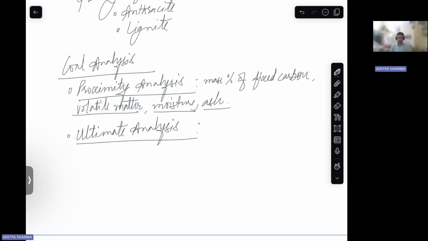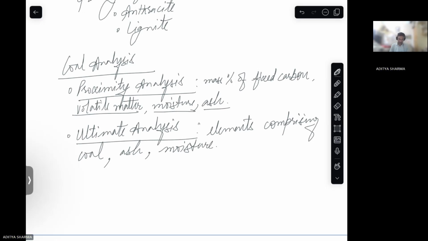Now in your ultimate analysis, we have the elements comprising coal. This is a more detailed analysis of coal, where we take into consideration the different elements that are present in coal. Then we consider ash, then we consider moisture also.